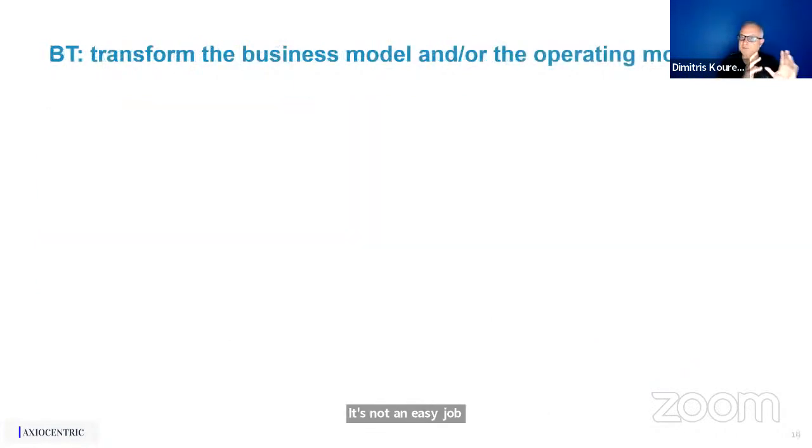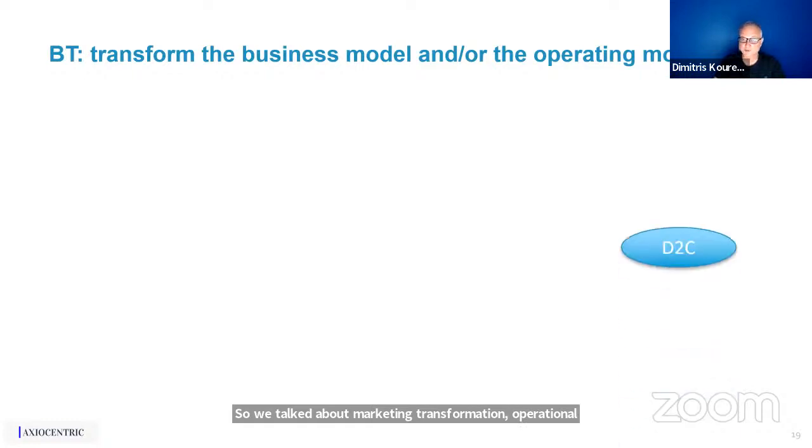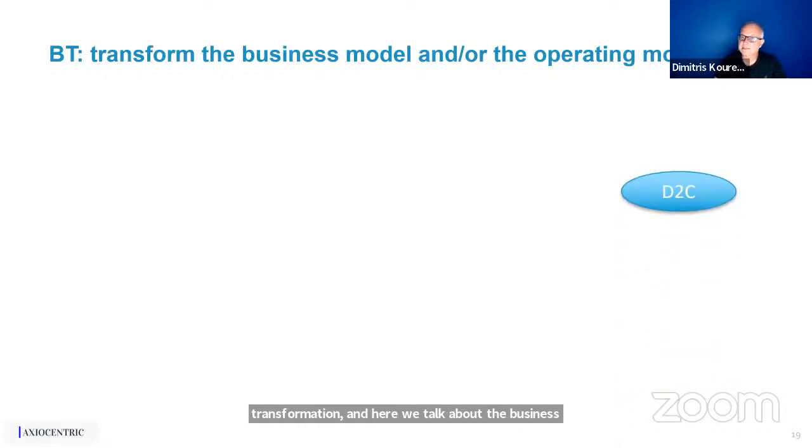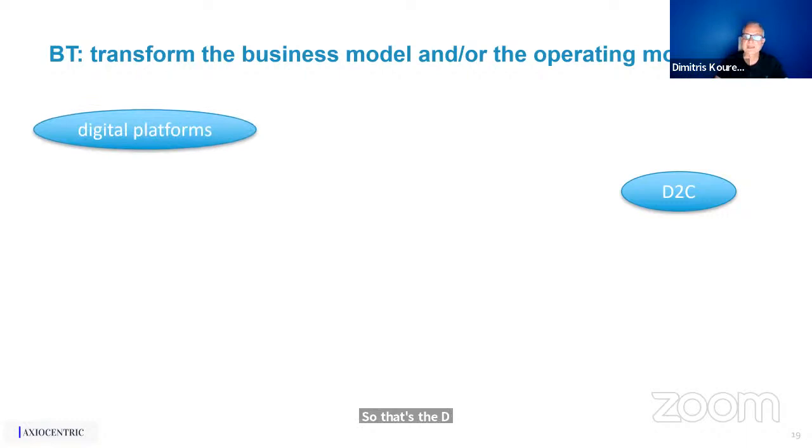So we talked about marketing transformation, operational transformation, and here we talk about the business model transformation. And sometimes it is simply for companies to be able to start selling directly to consumers instead of selling only through retailers. So that's the D2C, let's say, direct to consumer.